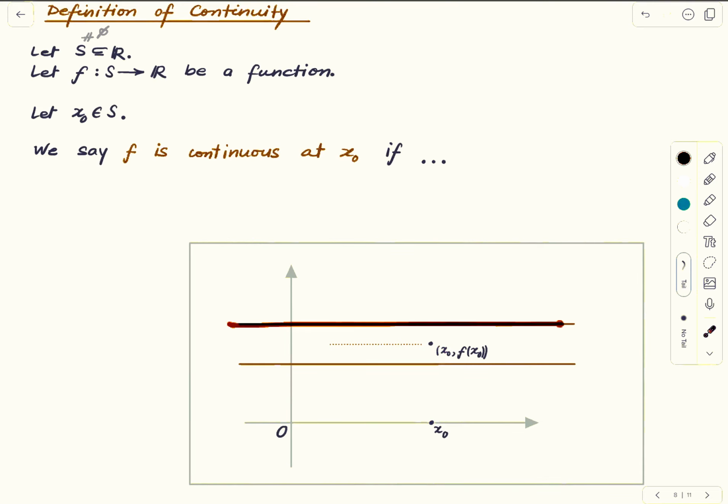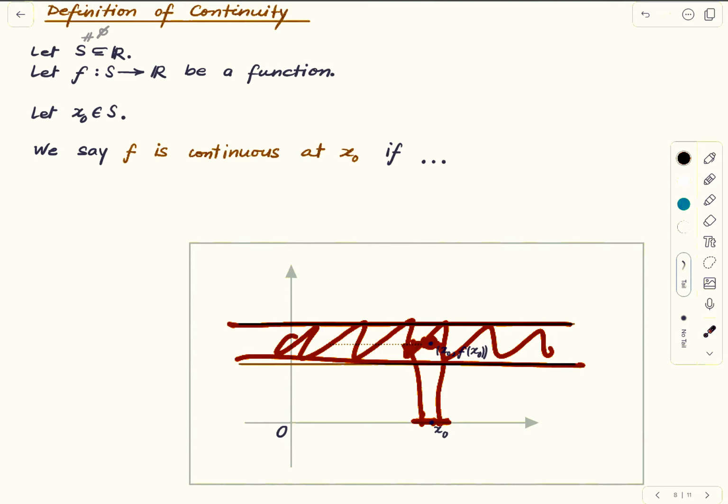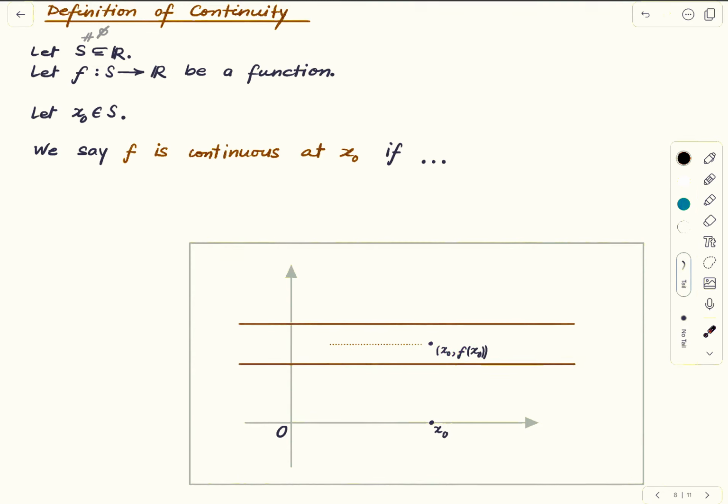So whenever you choose an epsilon band about this point, there is a small enough delta such that the delta neighborhood around x0 has the property that every point in it maps inside this epsilon band. This is 99% a precise definition. The only thing non-precise about it is that we haven't written it.